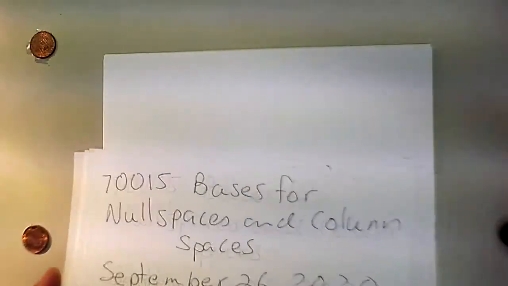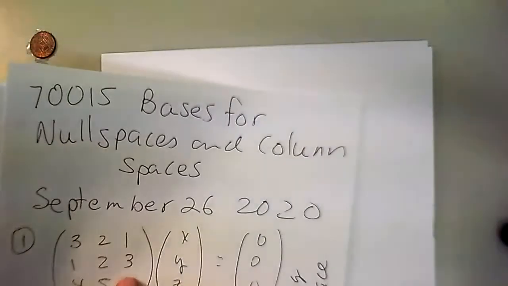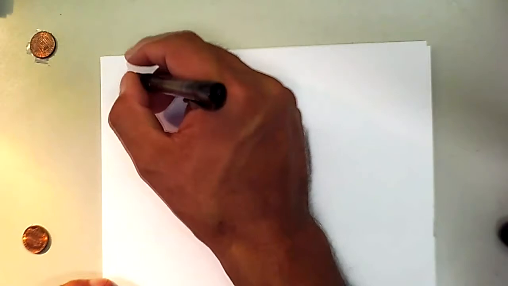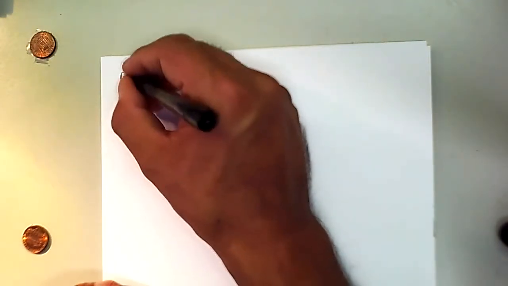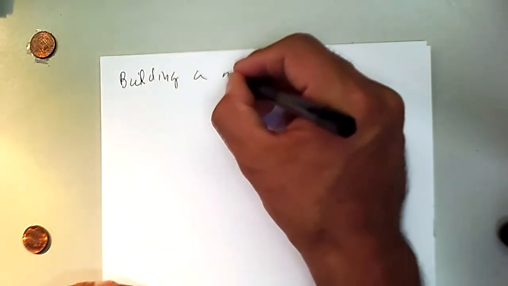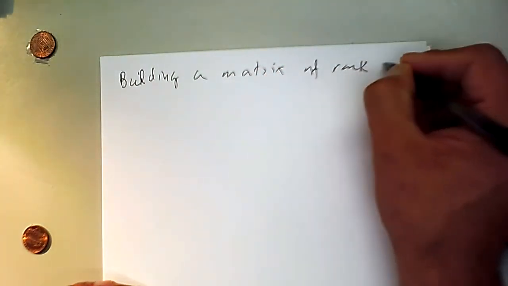Okay, let's do a second example. Well, even though these are two examples, I used the same matrix. I want to use a new matrix, a different matrix. But I'm going to show you how I'm going to come up with a matrix. So, building a matrix of rank 1.